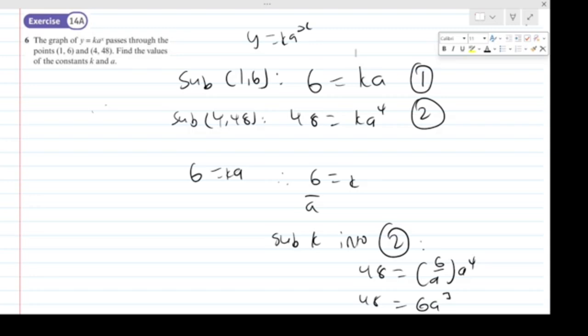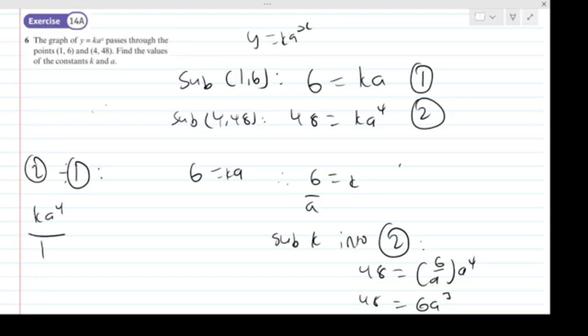Alternatively, we could just divide the 2 equations. If I divided the second one by the first one, I'd have ka to the 4 divided by ka, because that's the second one divided by the first one, right? And again, that'd be 48 divided by 6.